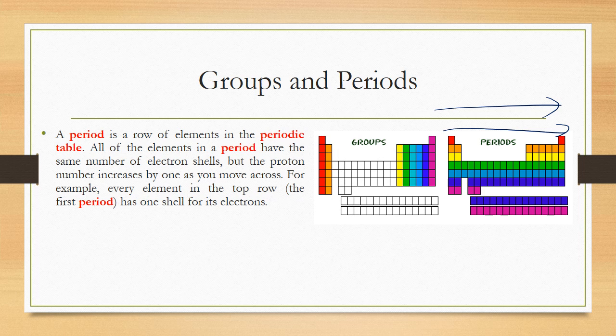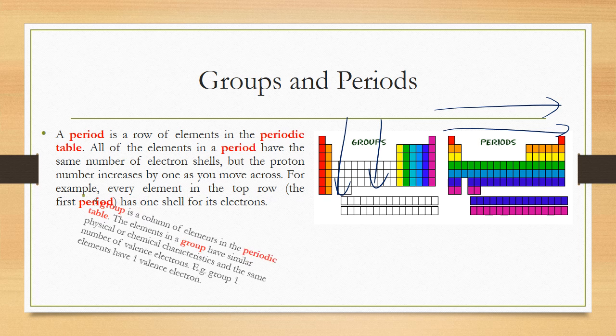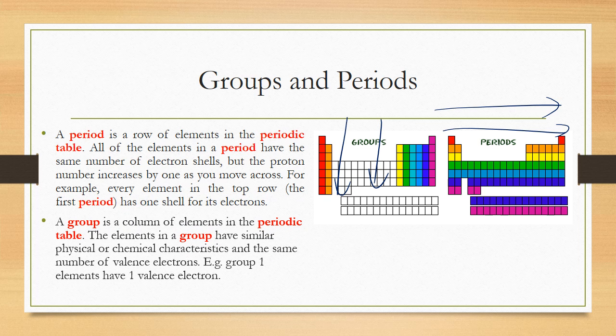Okay, then we have the groups, which go down. The groups are columns of elements in the periodic table, and the elements in a group all have very similar chemical and physical properties, which we'll learn about in the next unit. Okay, because they have the same number of valence electrons, the same number of electrons on the outside.